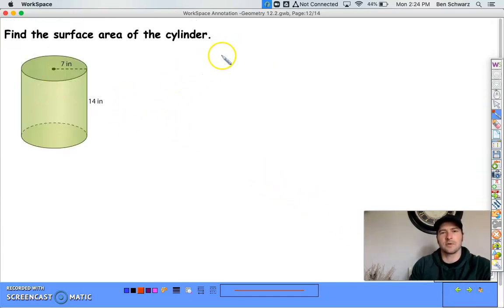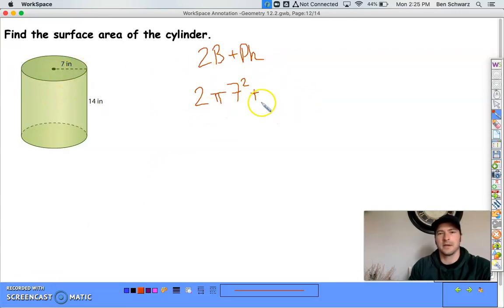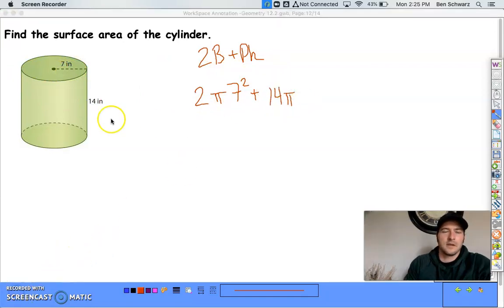Let's do another example here. So again, 2 times the area of the base plus perimeter of the base times the height. So our area of the base, we're going to have to do pi r squared. So pi times 7 squared plus perimeter of the base, so circumference, pi d would be 14 pi. And the height of our cylinder is going to be 14.